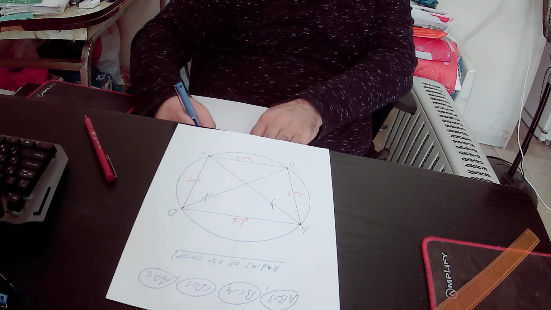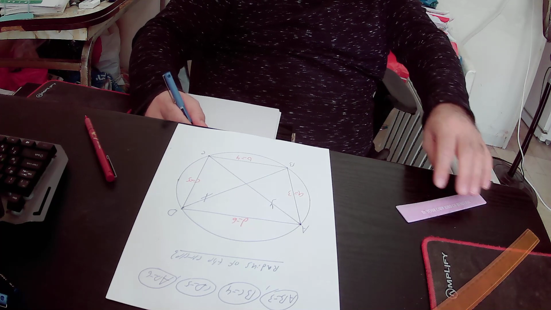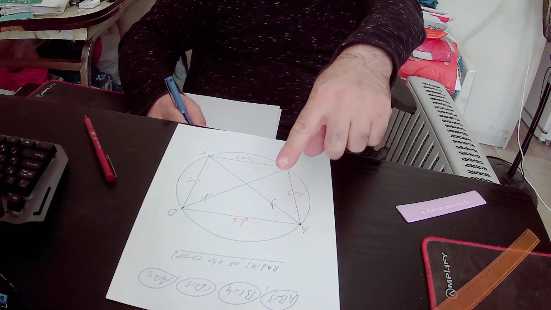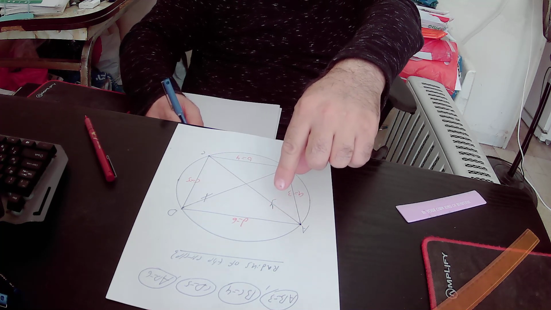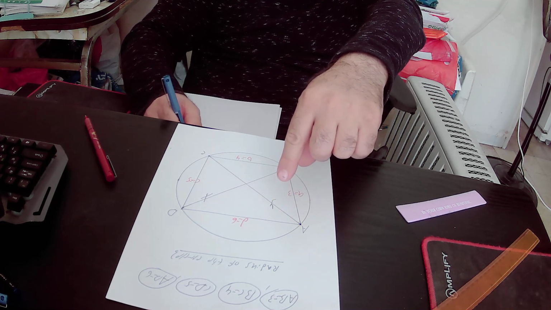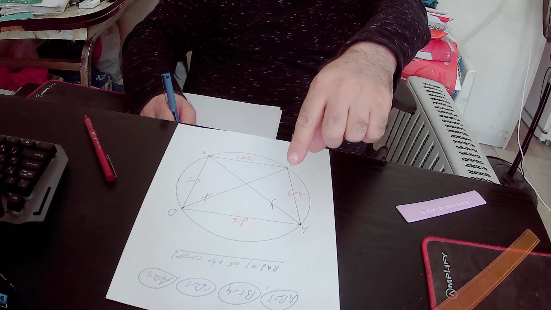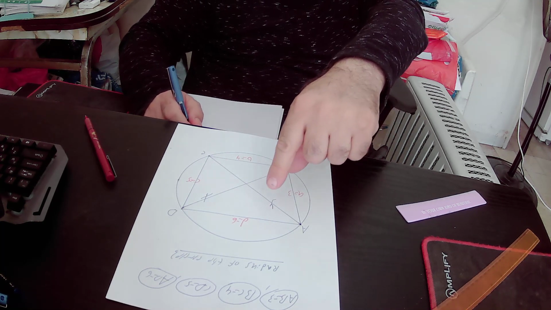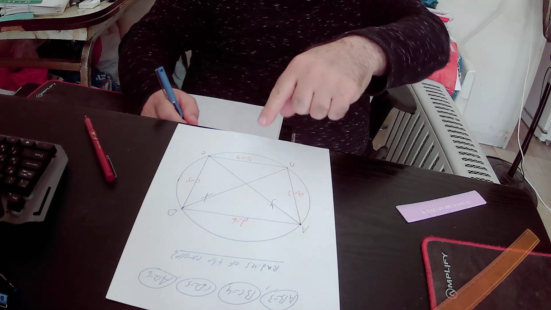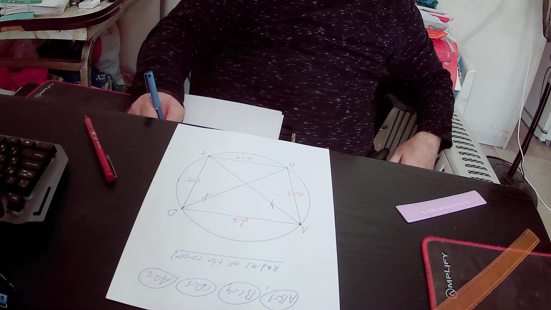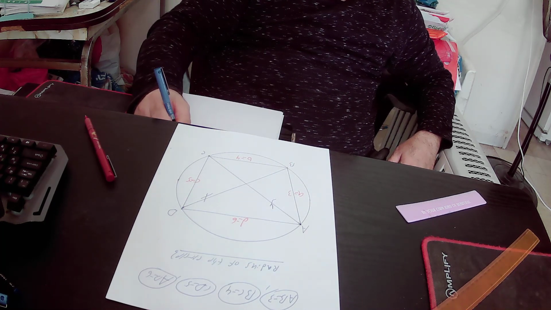Therefore, according to rule number 3, the radius of the circle that circumscribes triangle ABD will be equal to the product of triangle ABD's sides, that is to say A times D times X, over 4 times the area of triangle ABD.